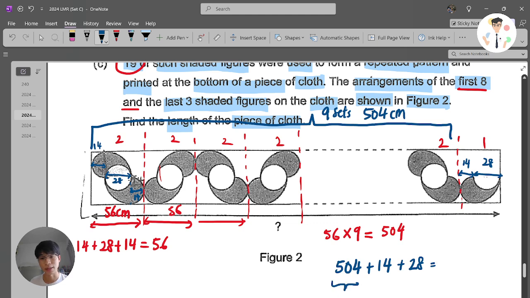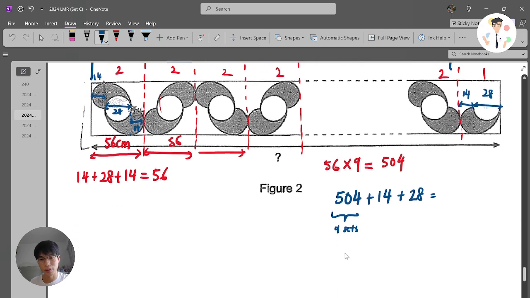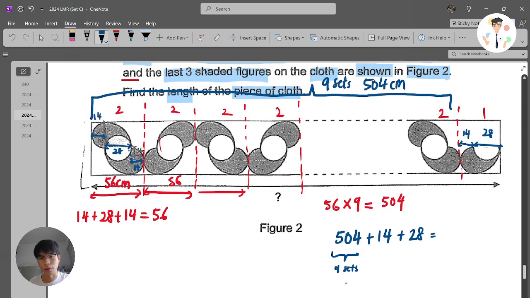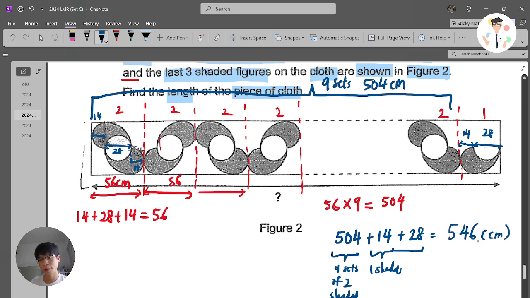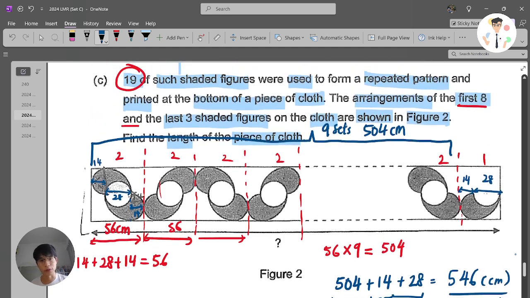This will be again the 9 sets of two shaded part, and this will be the one shaded part up to here, sorry. So 504 plus 14 plus 28, that will be equal to 546 cm. And that will be my final answer for this question.